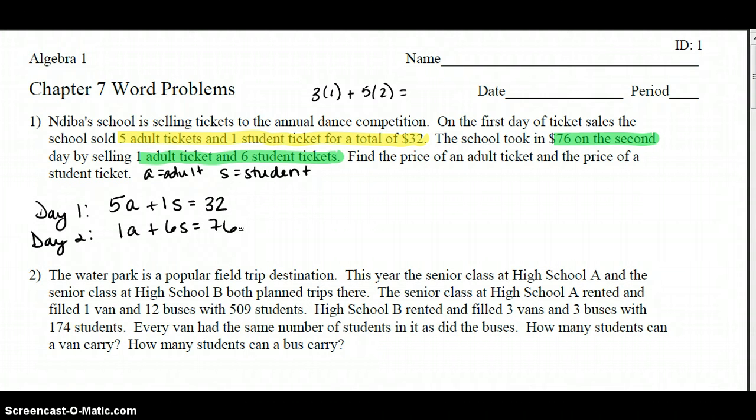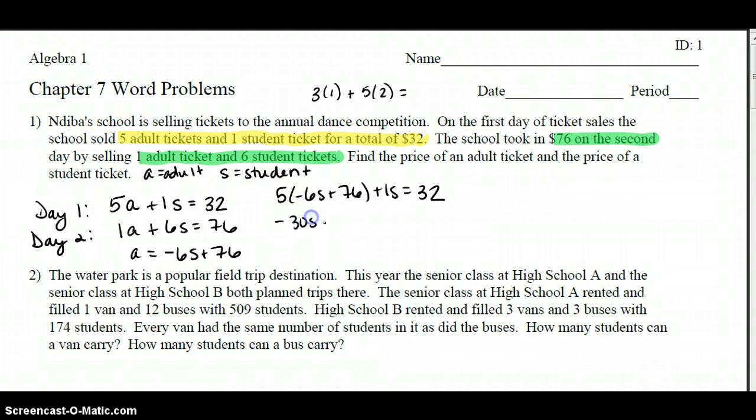And now you have a system of equations that you guys have been working on by substitution. So let's go ahead and do that. Let's isolate a variable. And then let's plug it in. And then from here, we're just going to solve. So 1A, or sorry, I was thinking the other equation.